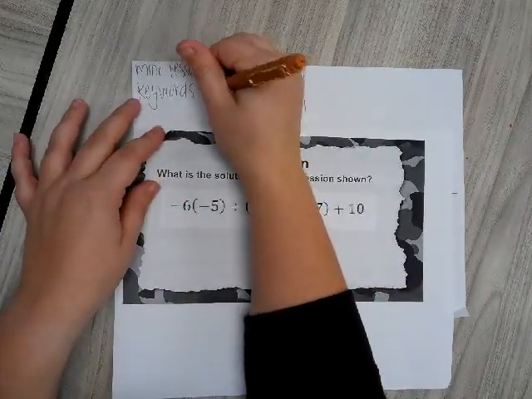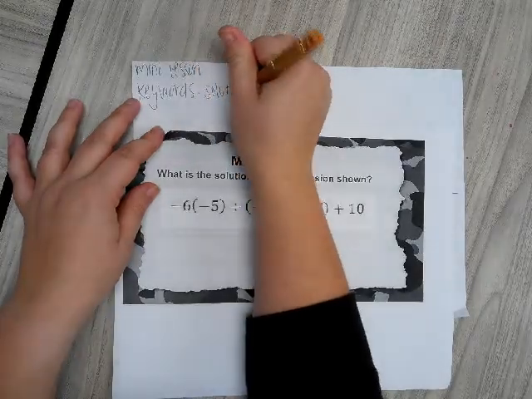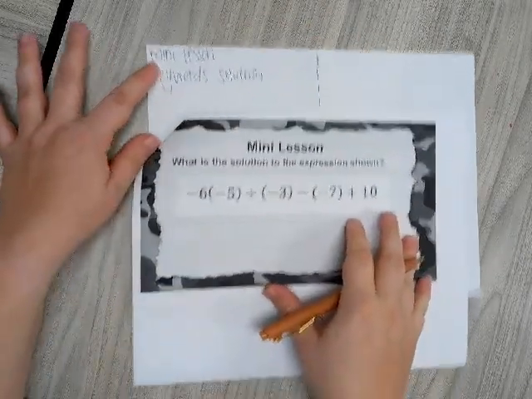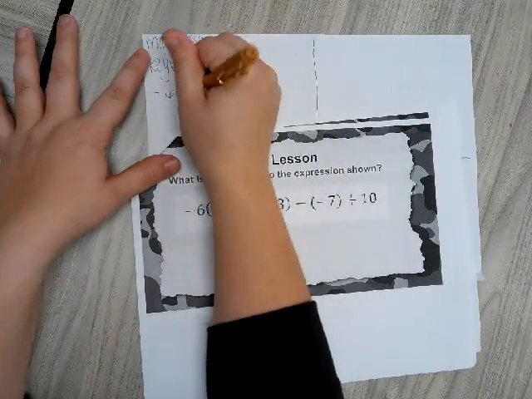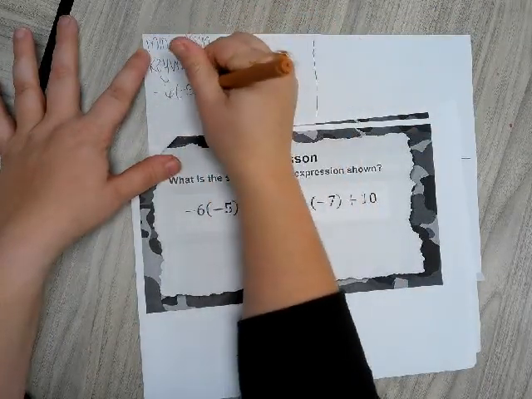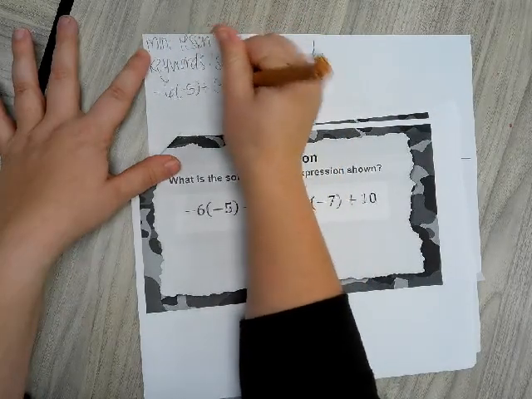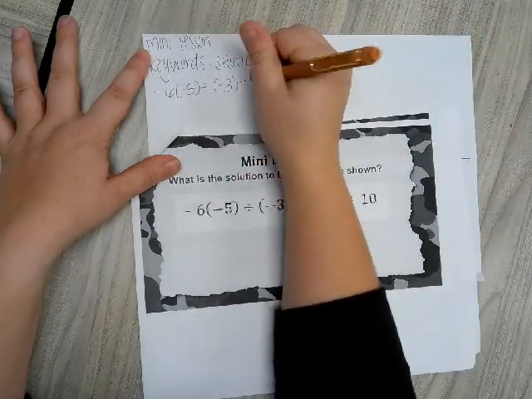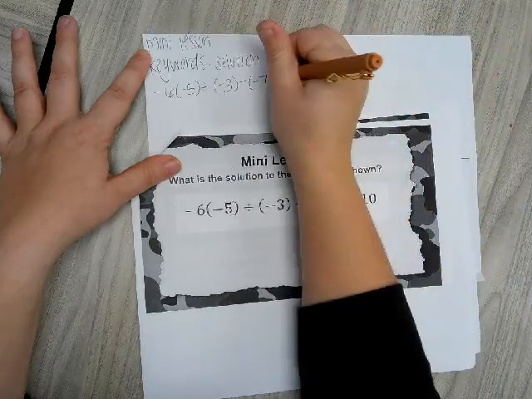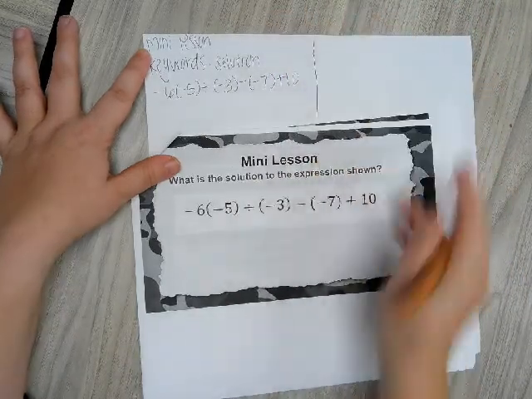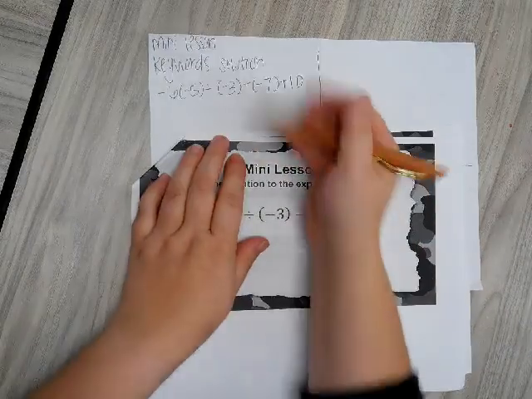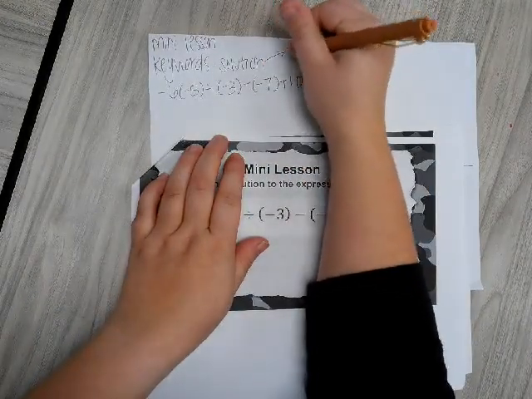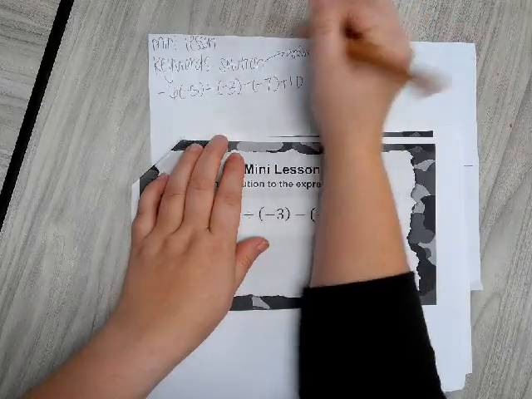So my keyword is solution. All right, and I'm going to go ahead and write down my problem. We have -6 times -5 divided by -3 minus -7 plus 10. Remember, solution is the same thing as answer, so we're just going to find the answer.